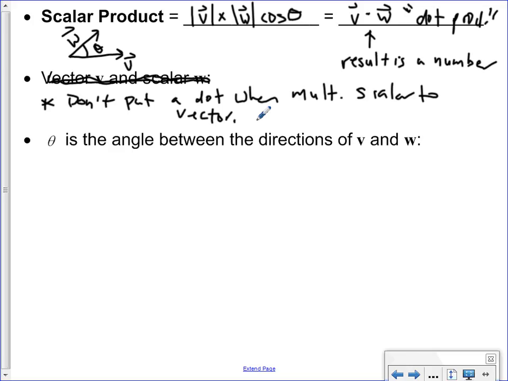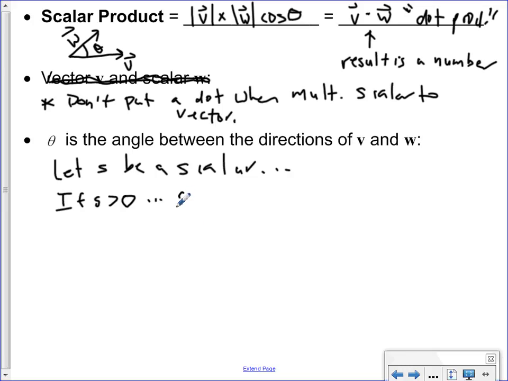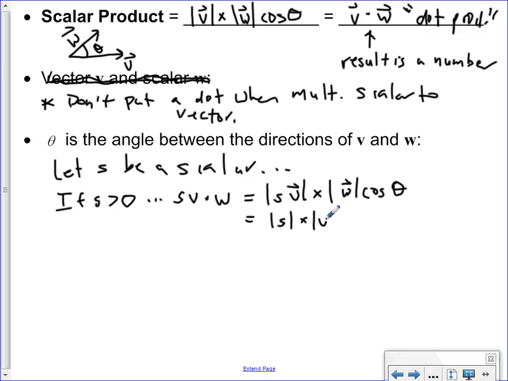So if you let s be a scalar, and s is a positive number, so s is bigger than 0, then sv dot w is going to equal the magnitude of sv times the magnitude of w cosine theta, which is the same thing as the magnitude of s times the magnitude of v times the magnitude of w cosine theta.